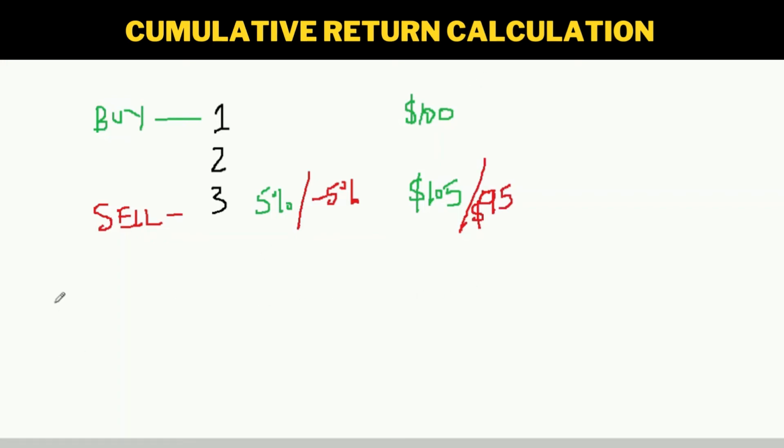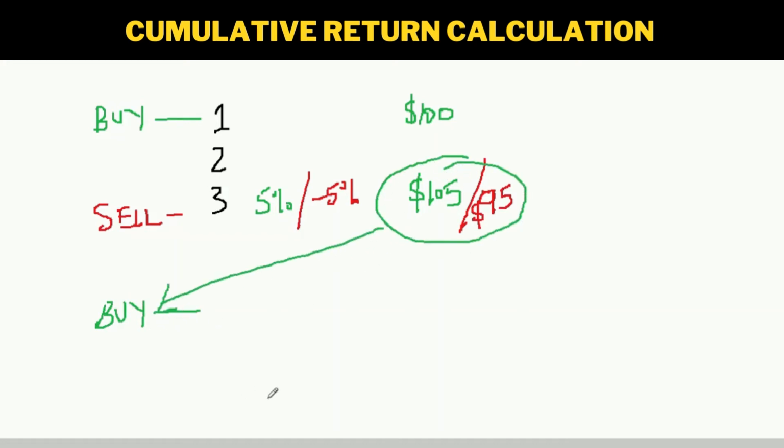Now, let's assume that we get our next buy signal here. When that happens, we're going to reinvest the entire balance and buy stocks. Whether the balance is $105 or $95, we are going to reinvest the entire amount and buy stocks. We will follow this rule till the time we make use of the strategy.